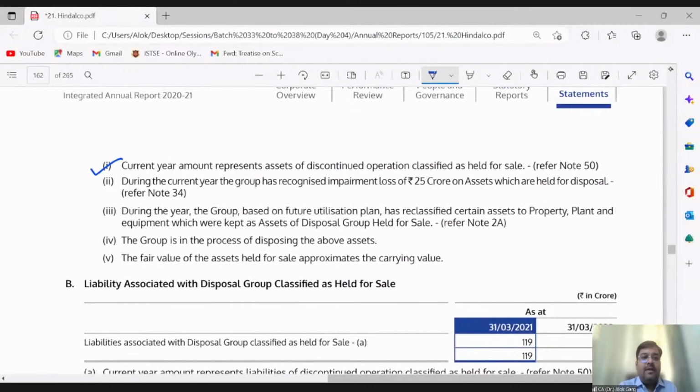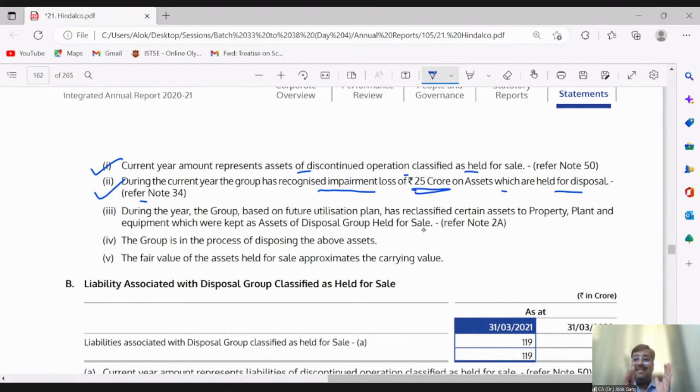Note number 1: current year amount represents assets of discontinued operation classified as held for sale. And this disposal group classified as held for sale also represents the discontinued operations. We will be talking about this. During the current year, the group has recognized an impairment loss of 25 crore on assets which are held for disposal. What is this? This is the difference between carrying value as per the respective standard and fair value less cost to sell.